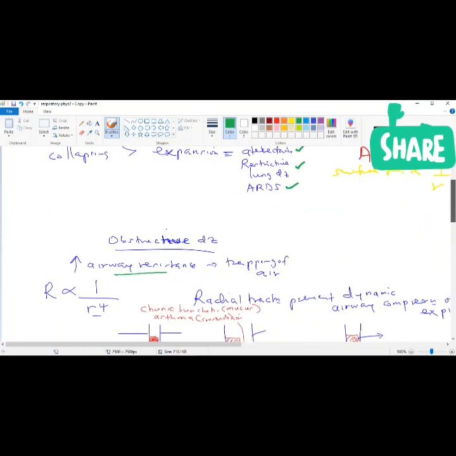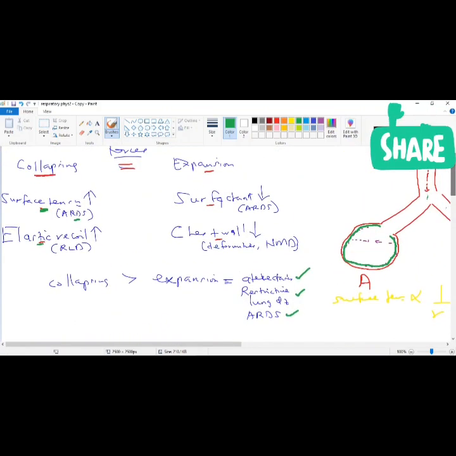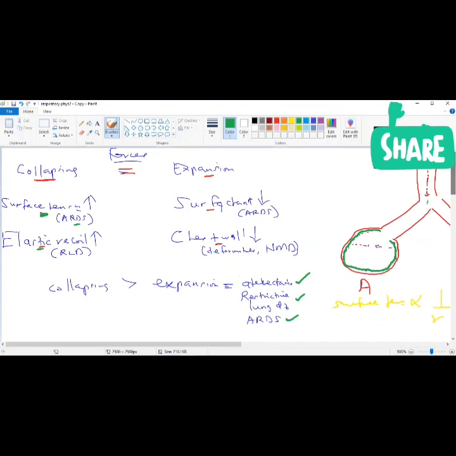One question before you move on. Increased elastic recoil, can you see that in something like NRDS? Would there be increased elastic recoil as well? Yes, there's going to be, because remember the hyaline membrane. They have deposition of protein in the wall of the alveoli, which will decrease the ability of the alveoli to expand, so there will be more elastic recoil.